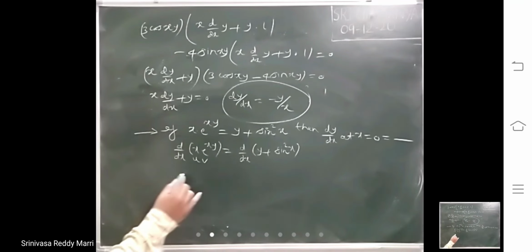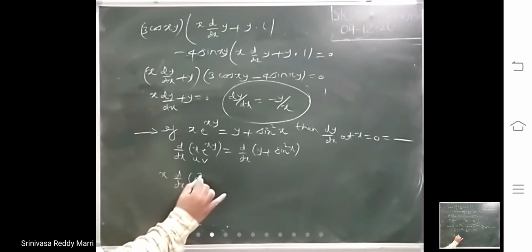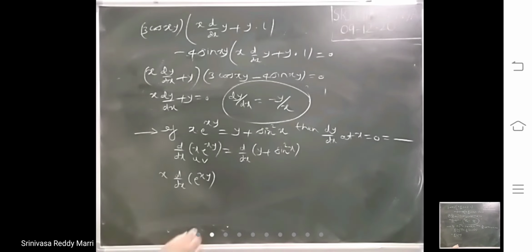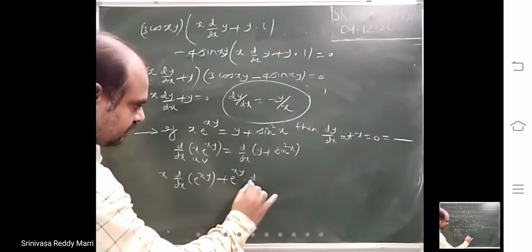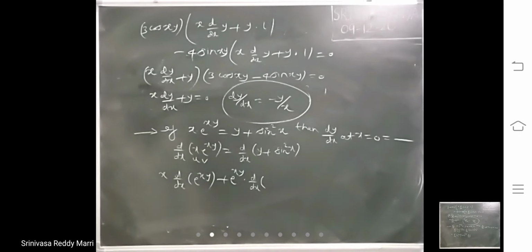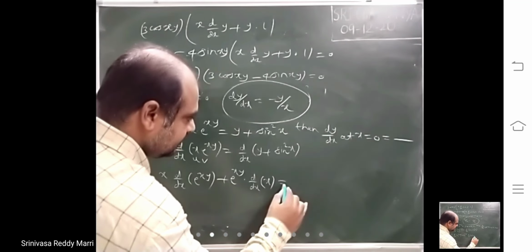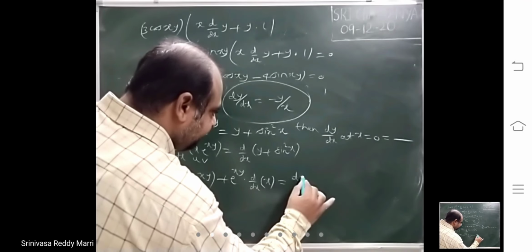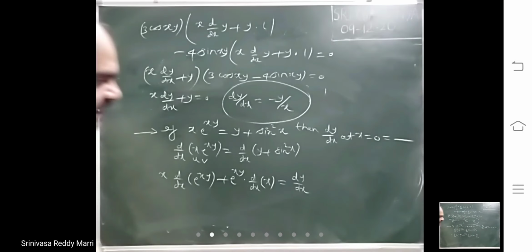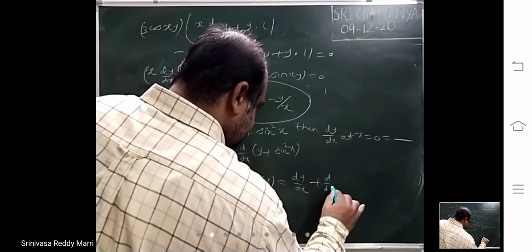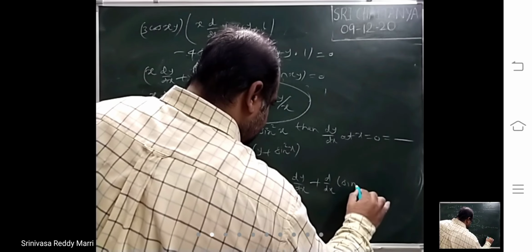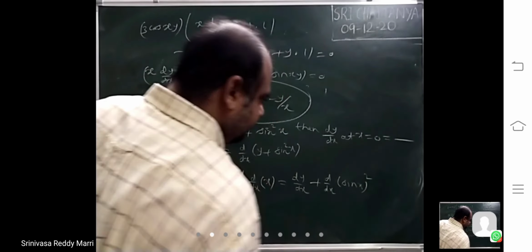Now write uv: u into derivative of v plus v into derivative of u. d by dx of x e power xy equal to d by dx of y. D by dx of y means dy by dx, plus d by dx of sin x whole square.